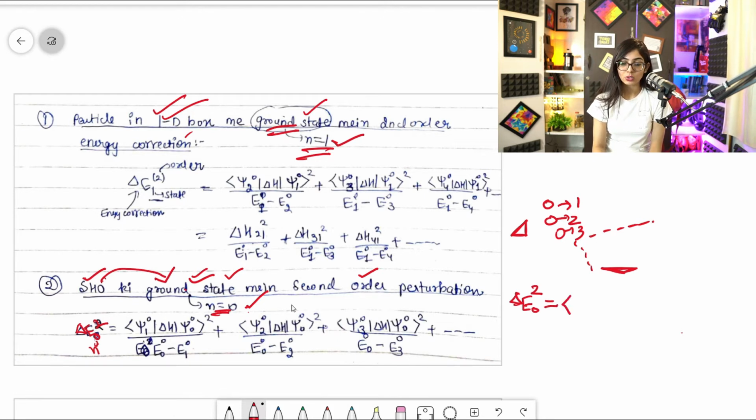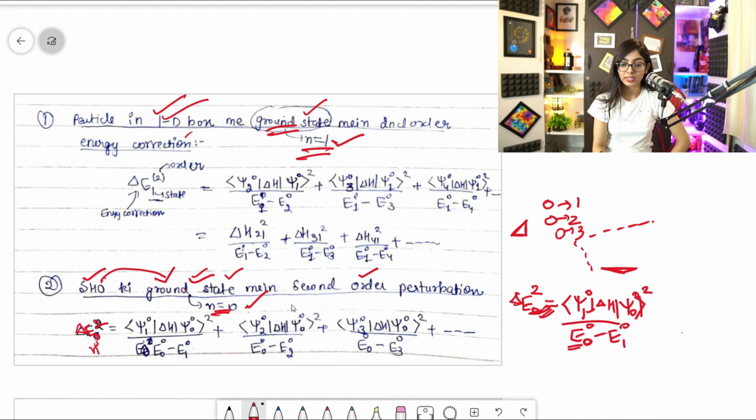What I'll write over here is 1, because naught comes later, so I will write like this, psi naught square. I hope this is clear to you guys. And whatever is 0, I will take over here, in the given state. So it is ground state, n is equal to 0. I will write that first, and then I will write 1.